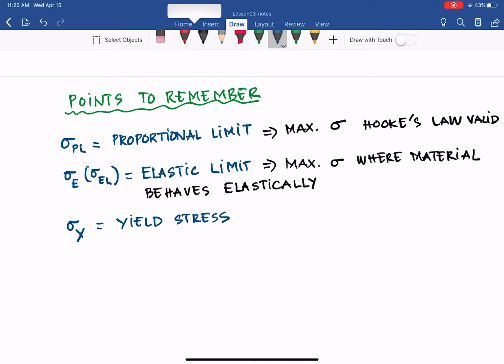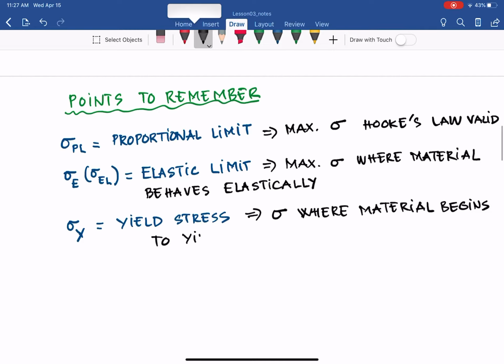And in this case, it's the sigma where the material begins to yield.